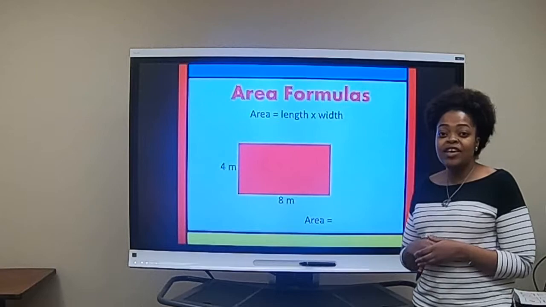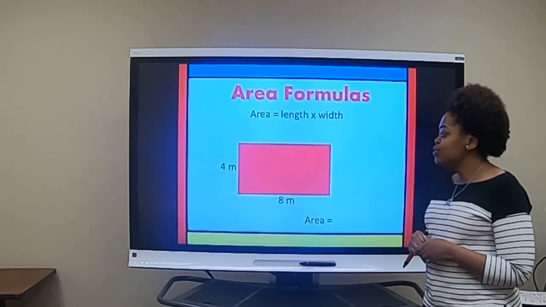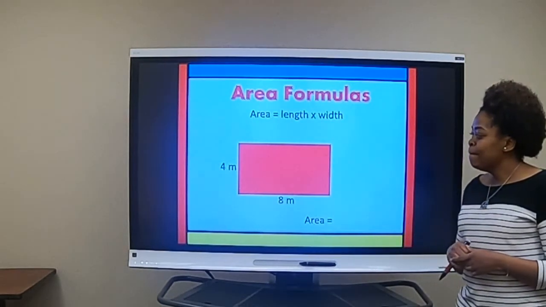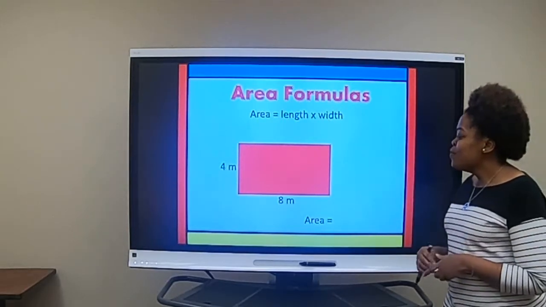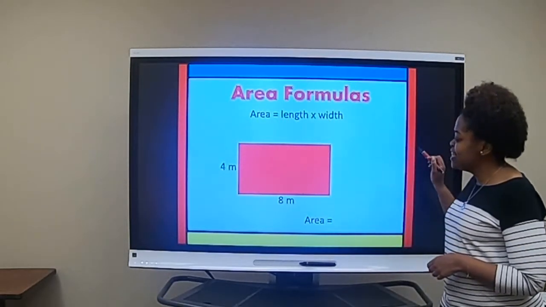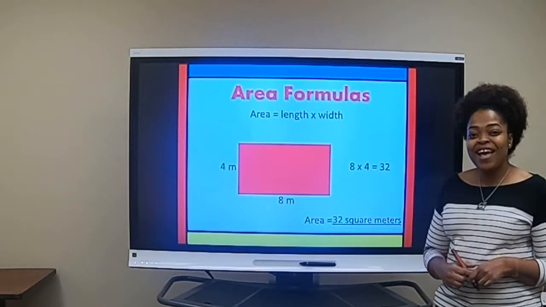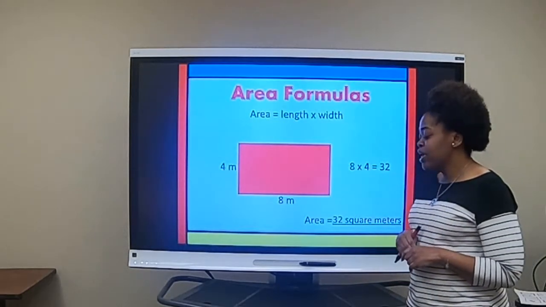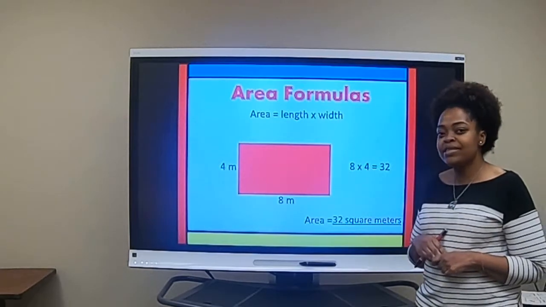Take a moment and see if you can find the area of this shape using the formula for area. Good job. We know that 8 times 4 is equal to 32. Therefore, the area of this rectangle would be 32 square meters.